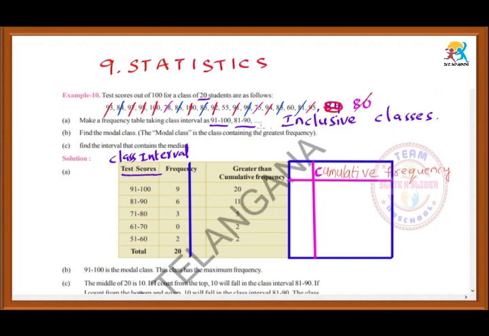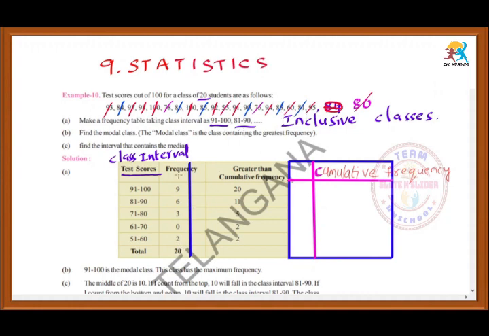You can cross them. Next, take one more, that is 61 to 70. For 61 to 70, no number is there. And 51 to 60. Here it is 1. Okay, the total is 20, right?